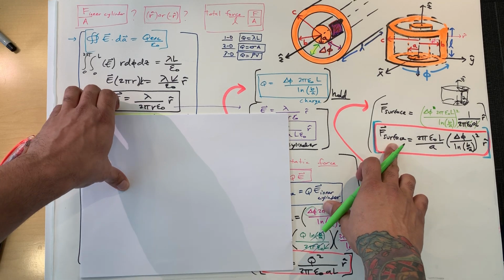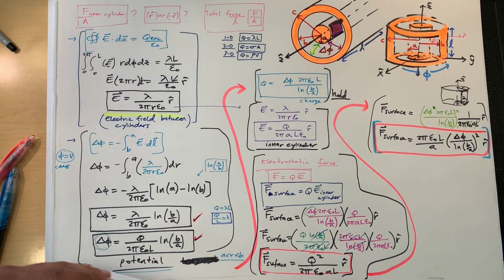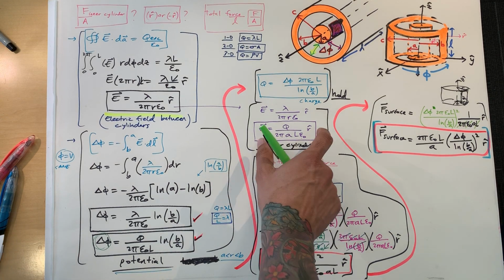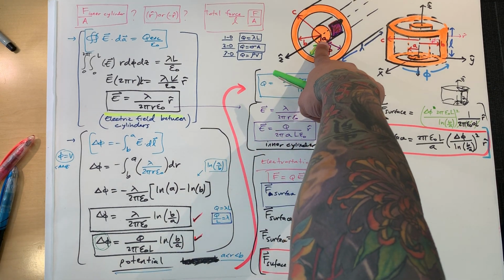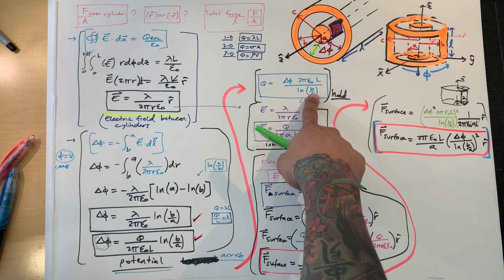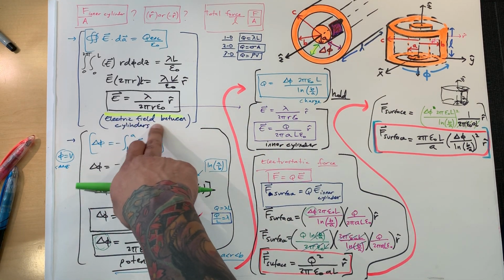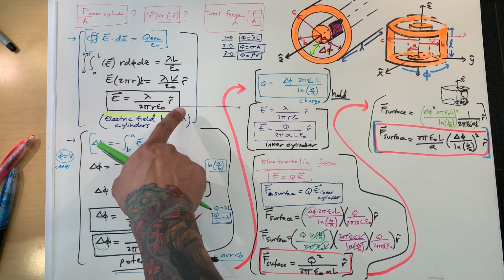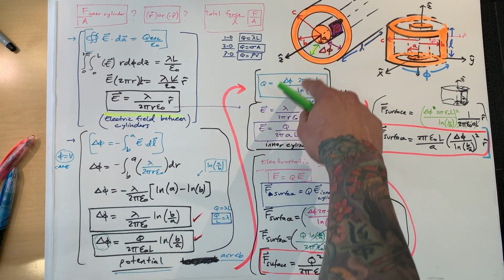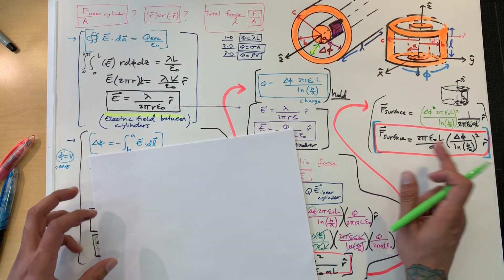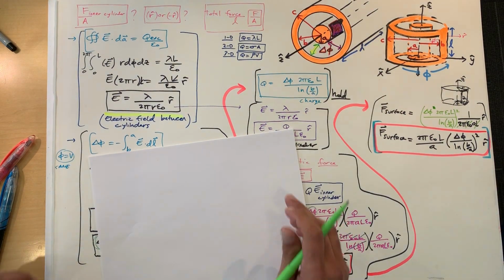So we have our force on the surface, right? We have the electric field of the inner cylinder. We have the charge, the potential, and electric field between the cylinders. So we have here and we have the inner cylinder. So force on the surface, positive, so we know the direction.